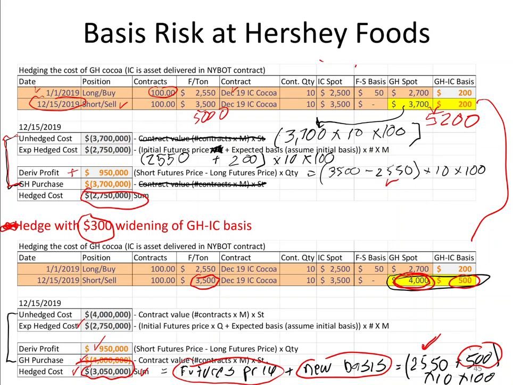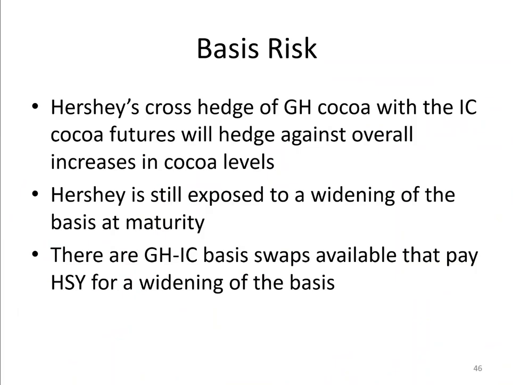So cross hedges are used all the time in the marketplace because the cheapest to deliver asset isn't exactly what the hedgers want. However, as long as the basis between the asset they want and the cheapest to deliver asset remains the same, you could easily hedge the price using a cross hedge as long as that basis is unchanged.